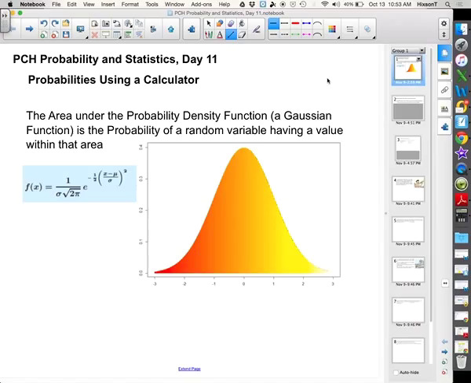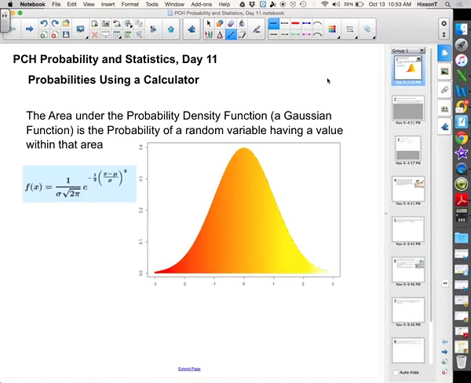Now, yesterday I showed you this function. I said don't bother writing it down. Still, don't bother writing it down. But every normal curve that we've sketched, we could get by using this function right here. It's what's known as a Gaussian function.